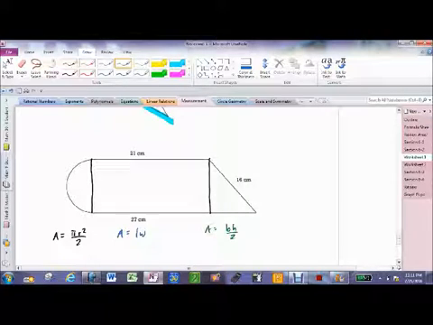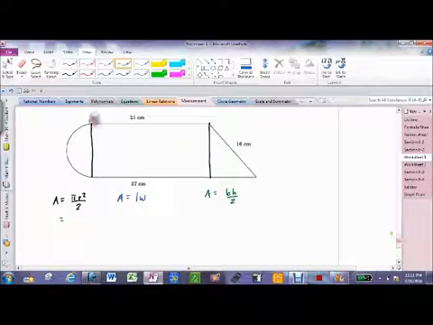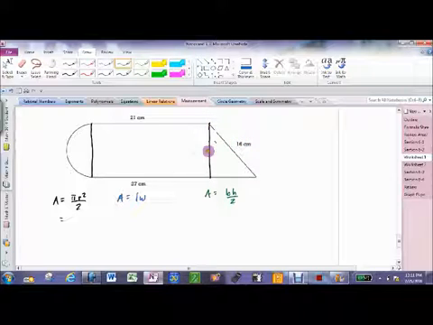So, what's the R here? Did you know? No, you did not know the R here, because it's half of this, isn't it? So you needed half of this, didn't you? Well, this right here is 16 squared minus 8 squared to get this, isn't it?